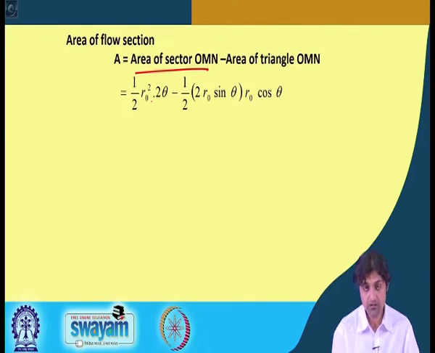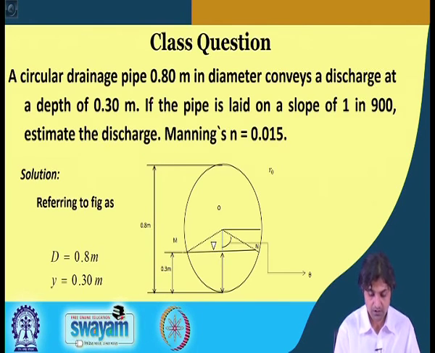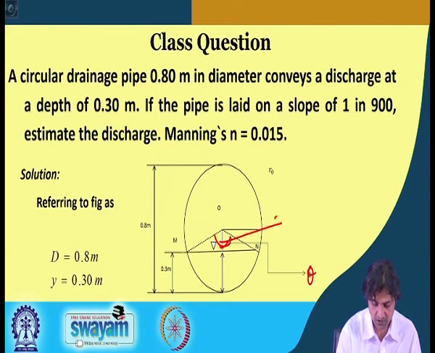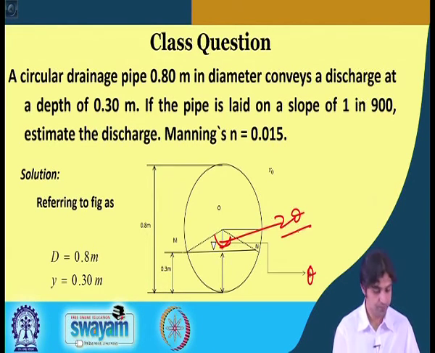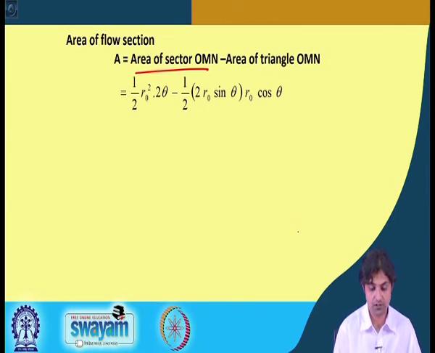If this is theta, then this is 2 theta. This is what has been used here. Minus the area of the triangle, which is half base into height.